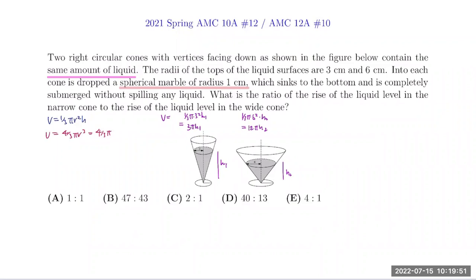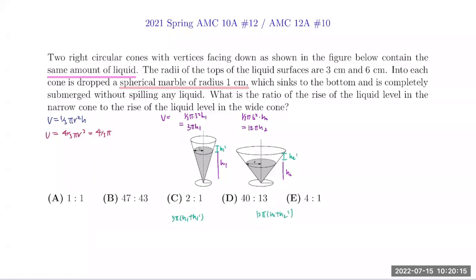After the ball is fully submerged, each cone will then rise by a height h1 prime and a height h2 prime respectively. And that means the new volumes will then just be 3 pi times (h sub 1 plus h sub 1 prime) and 12 pi times (h sub 2 plus h sub 2 prime).